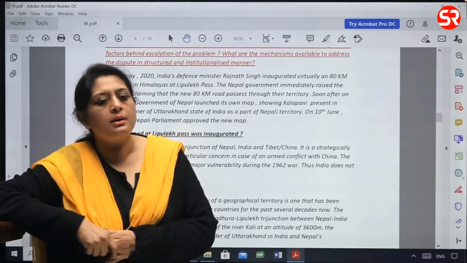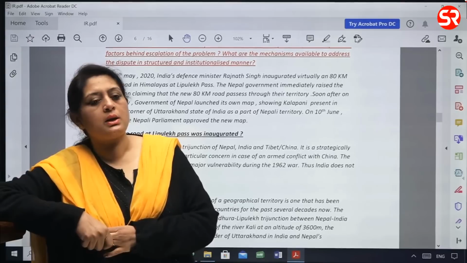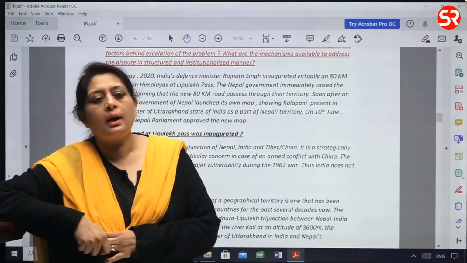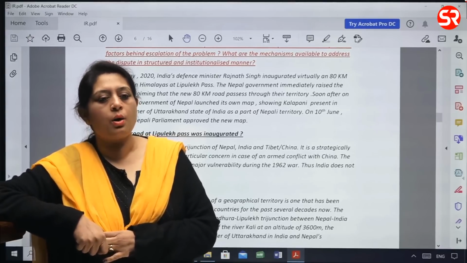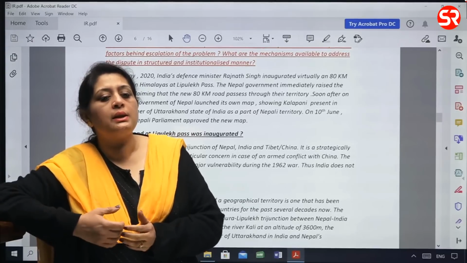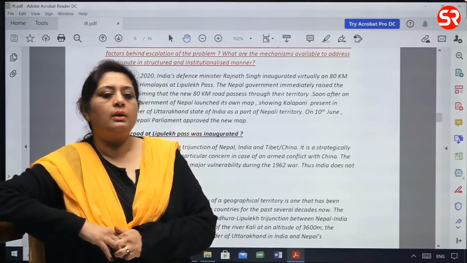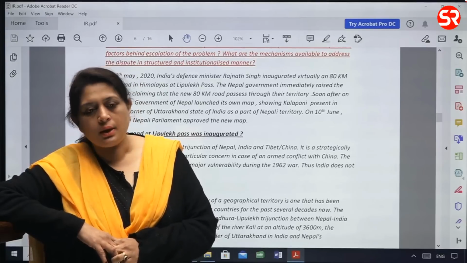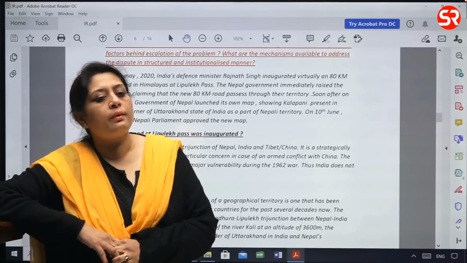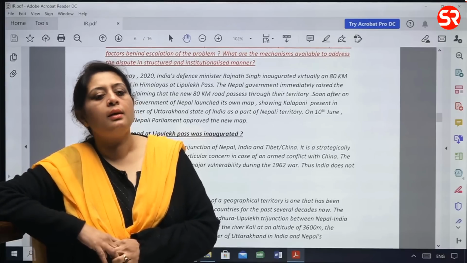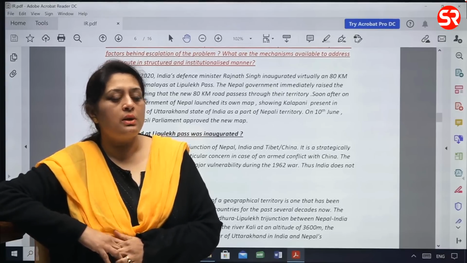Nepal is very important for India's security, and somehow the political class in Nepal has understood India's insecurity in the context of China, and they try to use that card.